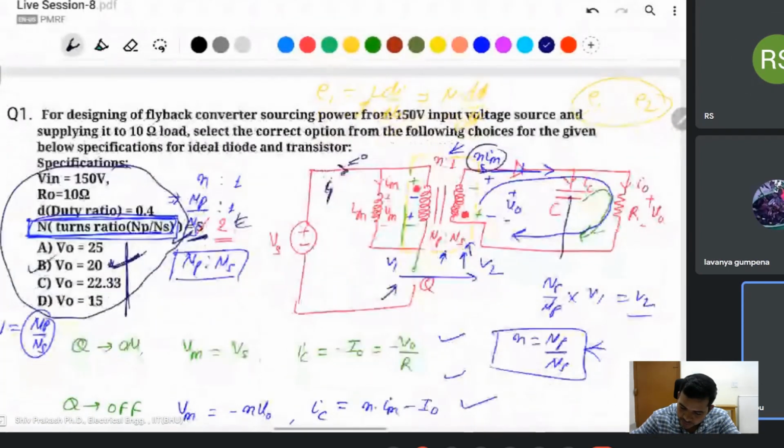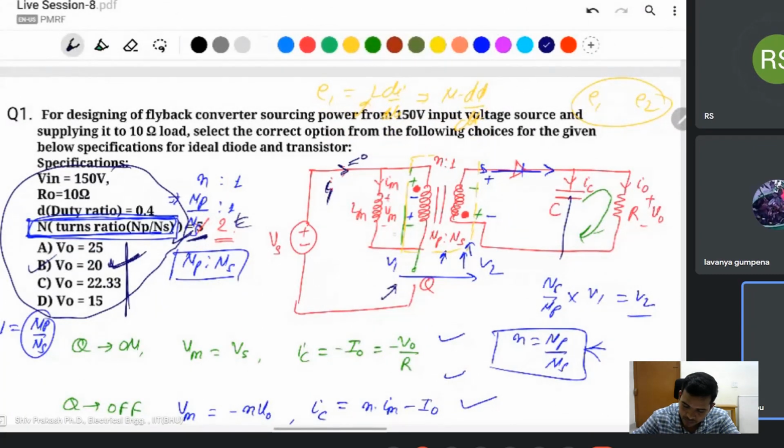See, look here. This one I reference as my plus minus VM. Okay, sir. This one is the dot polarity. This V naught is connected here. Plus is connected to the n dot, it means this one is positive. Minus is connected to the dotted side, this one is negative.